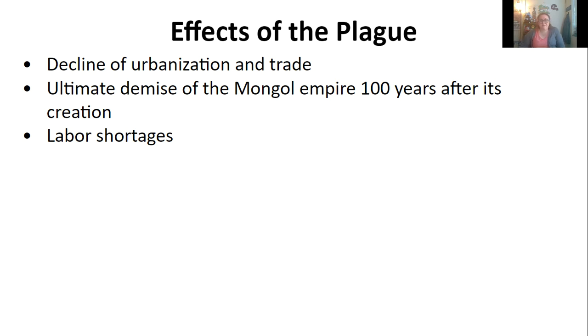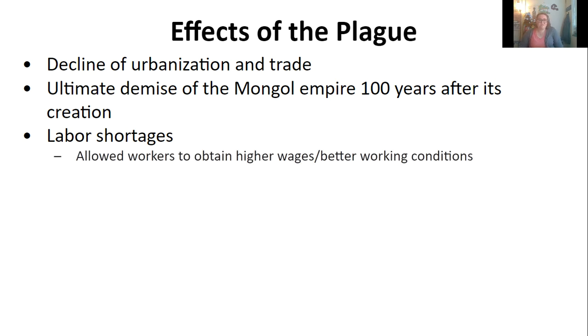Some of the other effects were labor shortages. We know this is specifically in Europe with the feudal system, that it allowed workers who weren't paid before to demand wages and better working conditions. And those who were getting paid could demand higher wages. And this also created way more opportunities for women.